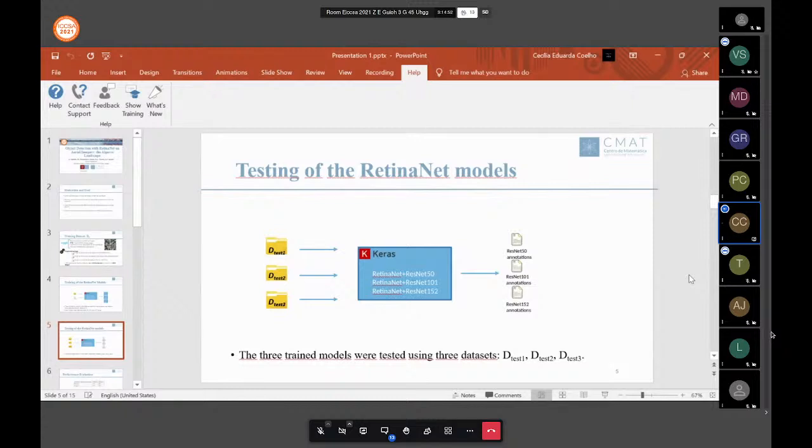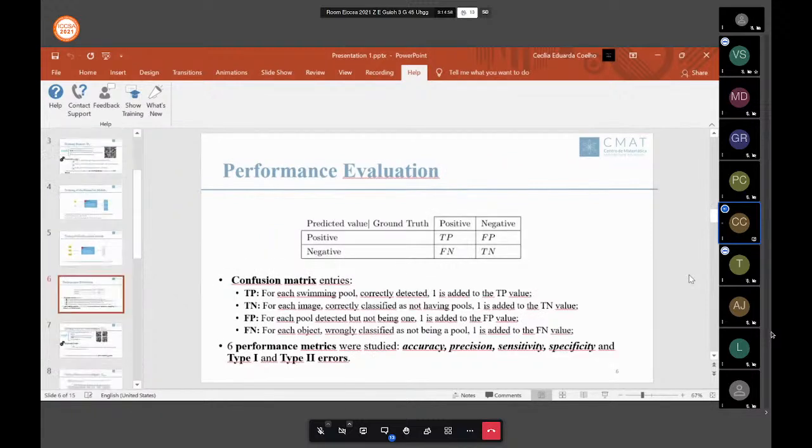In order to compare those performances, we built a confusion matrix that has 4 entries, a true positive represented by TP, when a model detects an object as being a swimming pool, and it actually is.